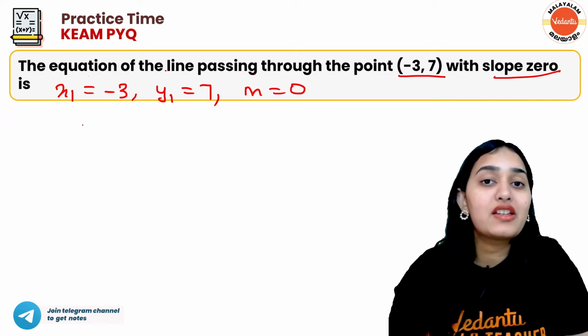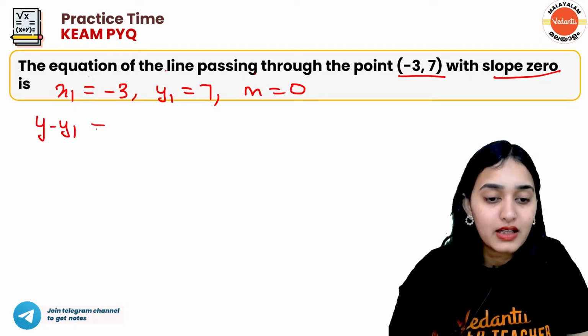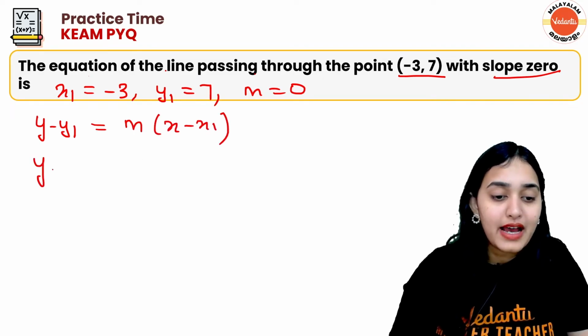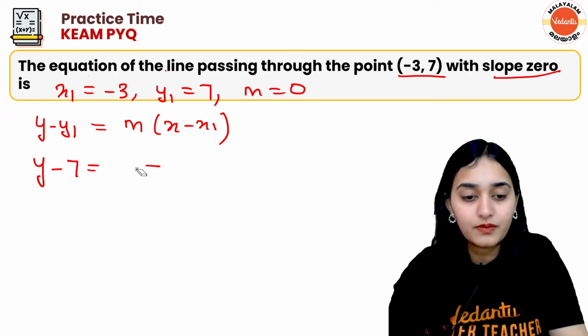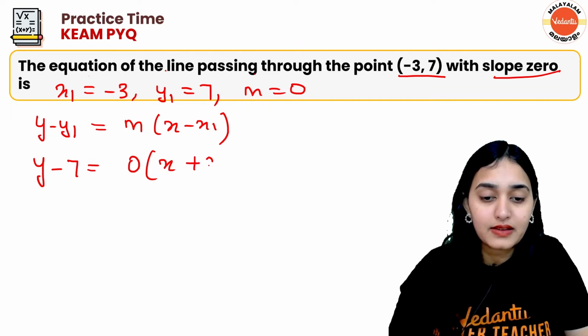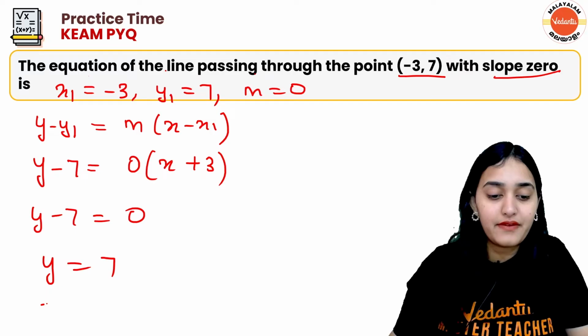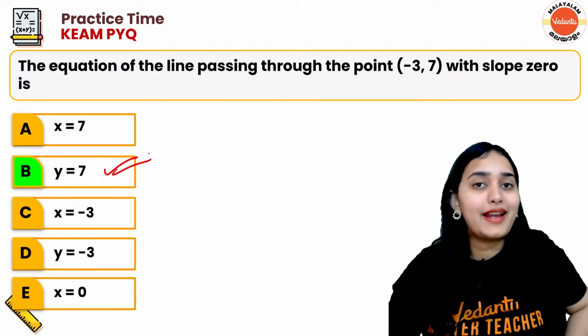They want the equation of the line. The formula is y minus y1 is equal to m into x minus x1. So y minus 7 is, m is 0, into x plus 3. So y minus 7 is 0, y is equal to 7. Such a simple answer. Option B is the right answer.